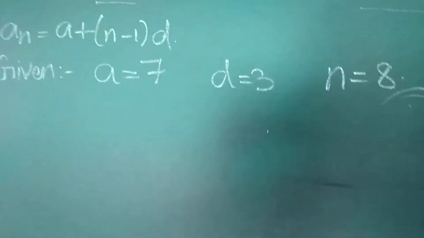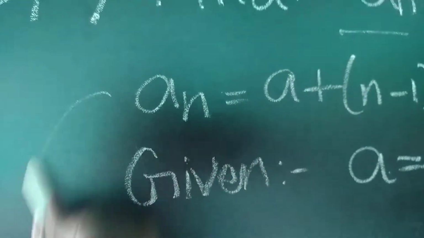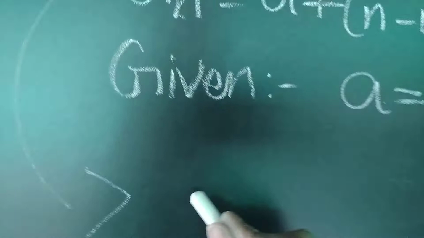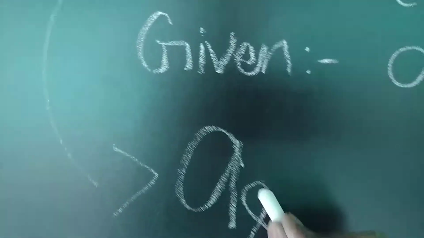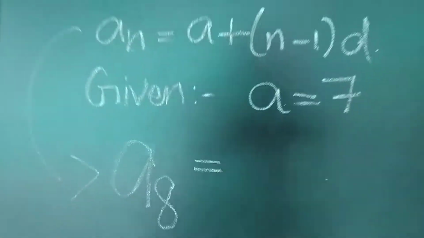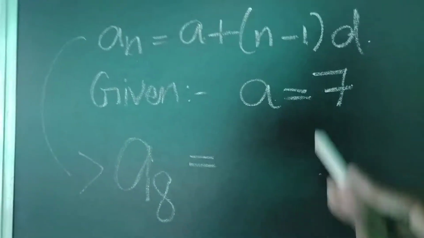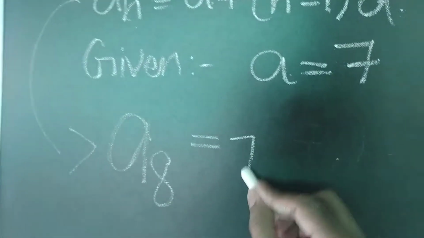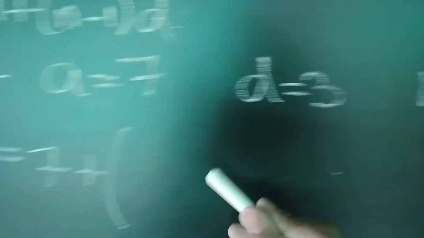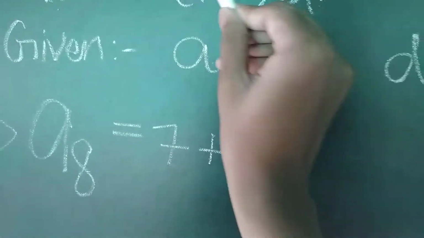So make use of the formula I said, an equals a plus n minus 1 into d. Let me subscript the value an, that only we need to find. So I will write a8 in place of an. In place of n, I can write 8. a8 equals, in place of a I can write 7. So 7 plus, in place of n I can write 8 minus 1.